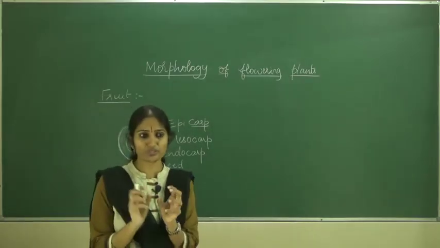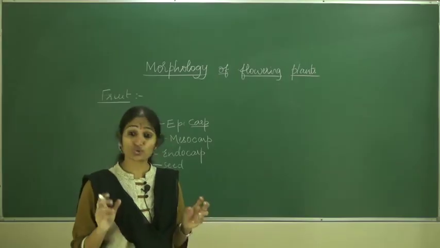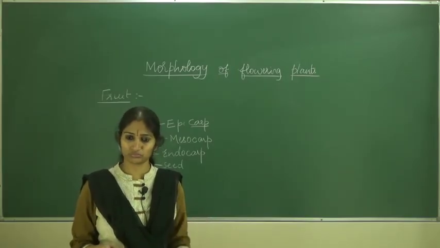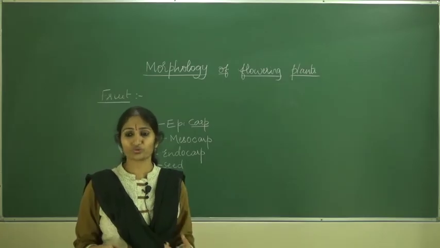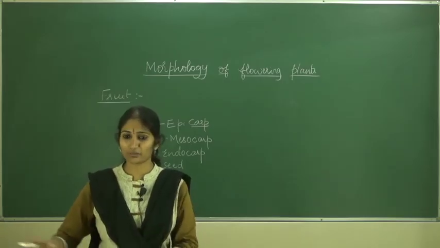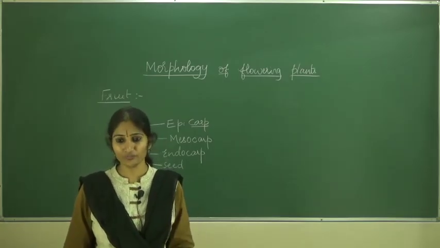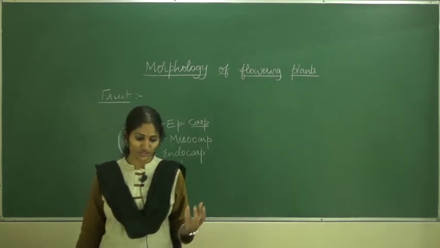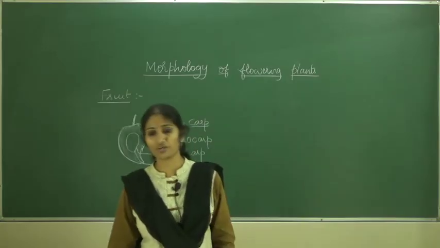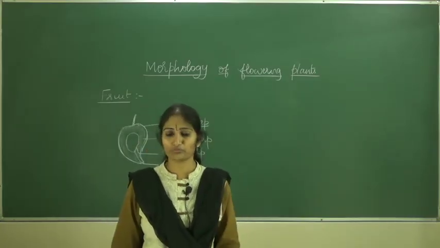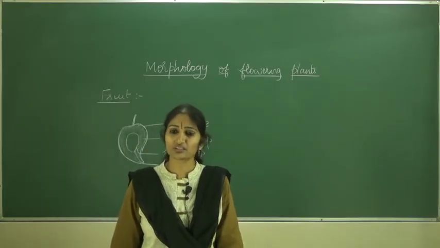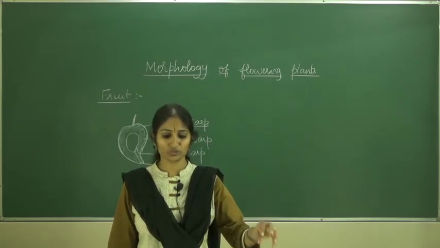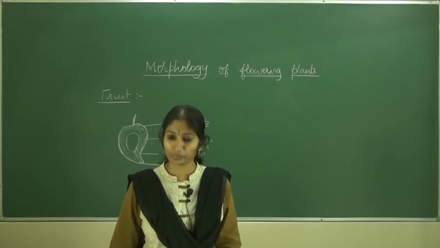Mesocarp is most of the time rich in sugary substances, and this helps in uptake of nutrients, gives it to the developing seeds, protects the seed also, and has a good amount of water content. And then we have the endocarp, which is kind of hard or soft depending on the fruit, and again protective in nature. So these are the three layers of the fruit: the epicarp, the mesocarp, and the endocarp.